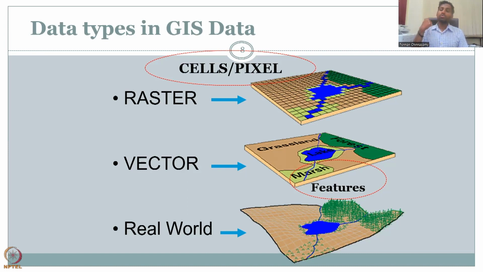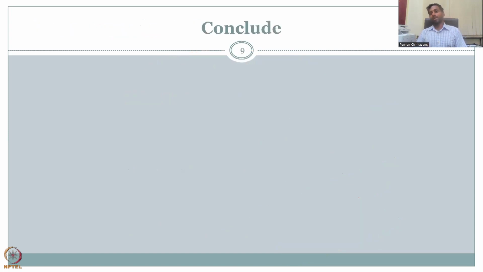They are converted to point, line, or polygon, and then they are input into the system. With this, I will stop today's lecture. I will see you in the next lecture where we will specifically look into the vector data set and how it can be used for rural development. In the next week, we'll look at the raster data set and how it is used for rural development.